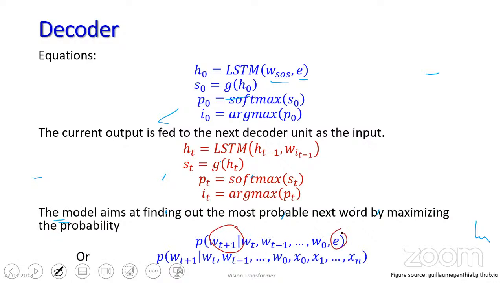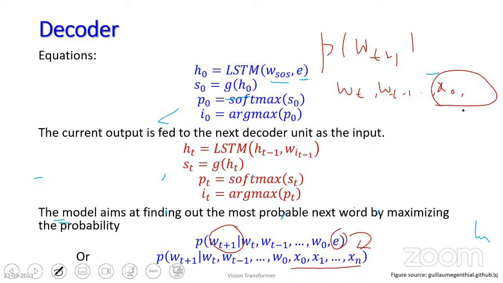Since E depends on the input sequence, we are looking at the probability of the next word WT plus 1 given the previous words and the entire sequence of words in the encoder unit.